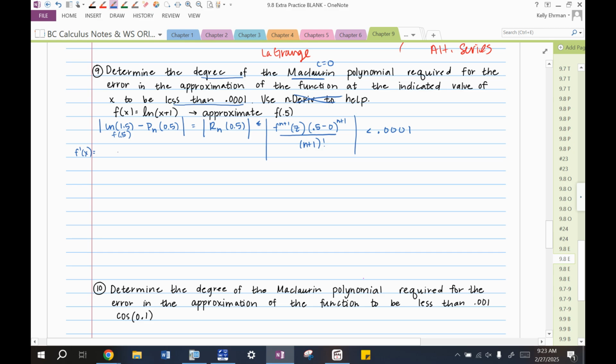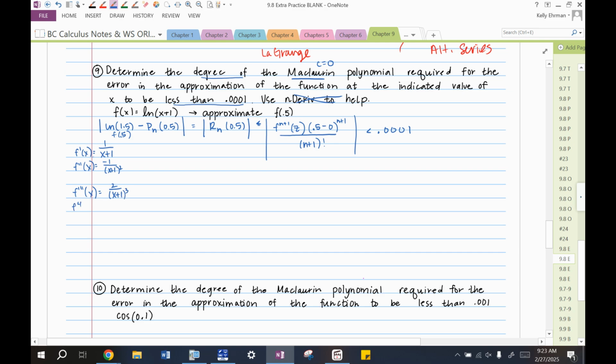So the derivative of ln of x plus 1 is 1 over x plus 1. The second derivative, and you don't have to evaluate at 0, you don't care about that. You're just trying to come up with a pattern for these expressions. So this would be negative 1 over x plus 1 squared. The third derivative would be 2 over x plus 1 to the third.